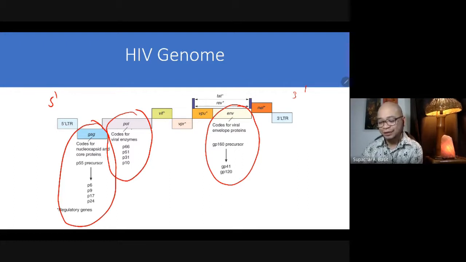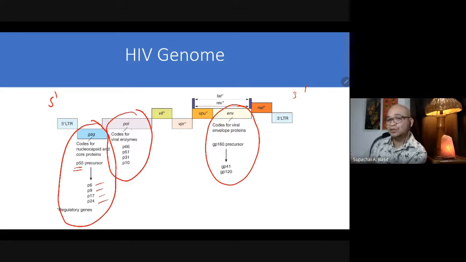nucleocapsid and core proteins, particularly the precursor protein 55, and this would include P16, P6, P9, P17, and P24. So these are the precursor. Okay, so the POL will code for viral enzymes.